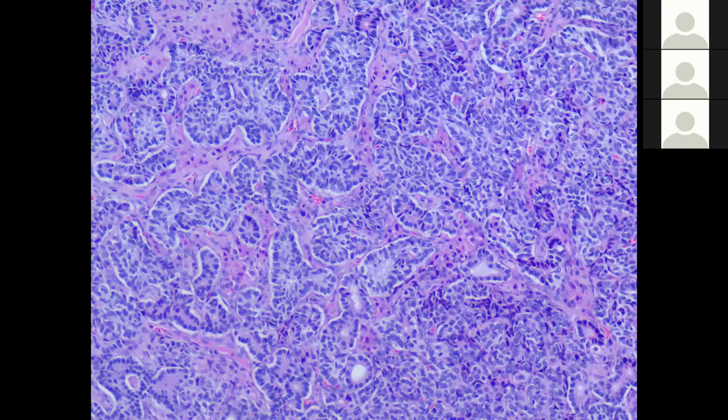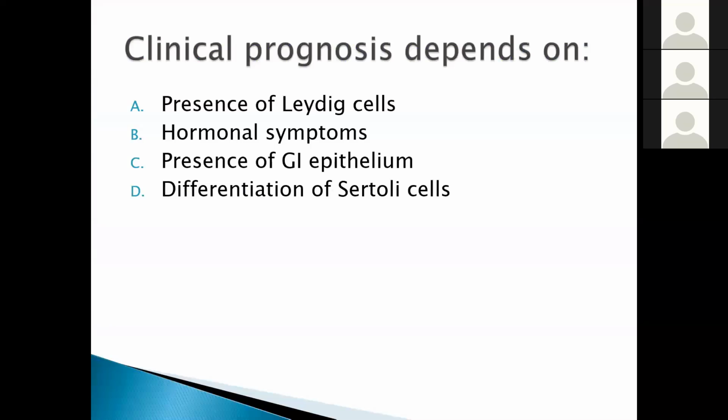Okay, so this is hard. This is again 28. She has some symptoms, and this is the tumor. You have to know really what this is before you can answer this. The answer kind of gives away what category we are looking at.